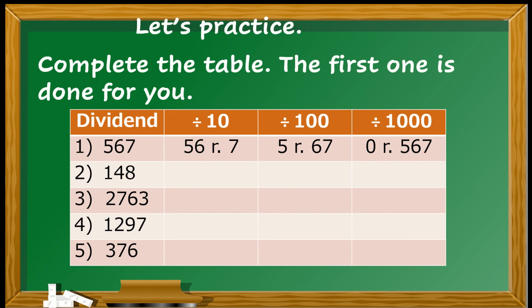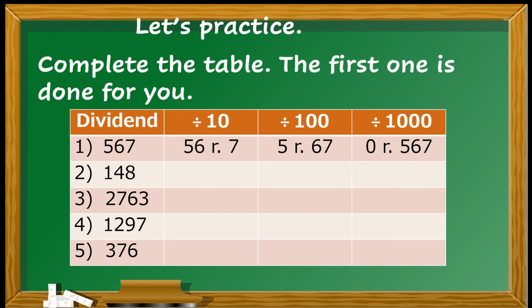Dahil isang 0 lang naman siya. Yung divided by 100 is 5, remainder 67. Dahil meron siyang dalawang 0. Ngunit dito sa 1,000, 0 ang quotient niya, pero meron siyang remainder na 567.